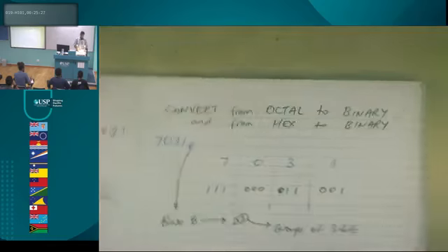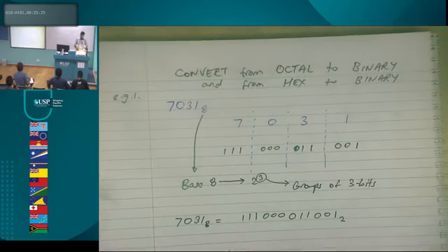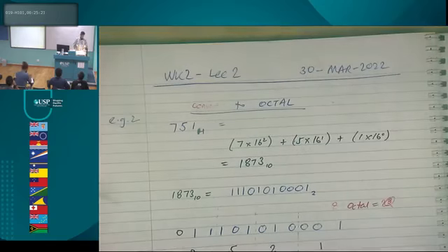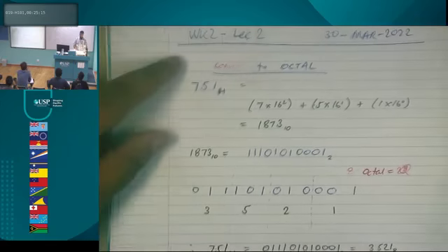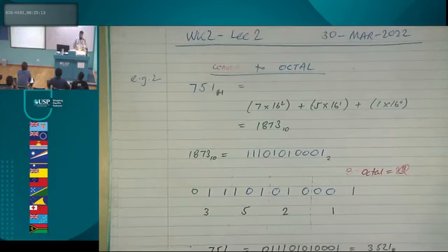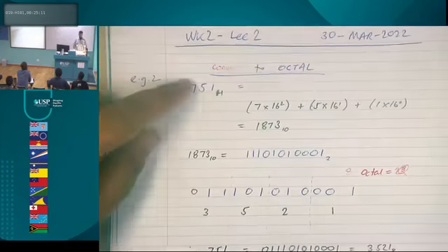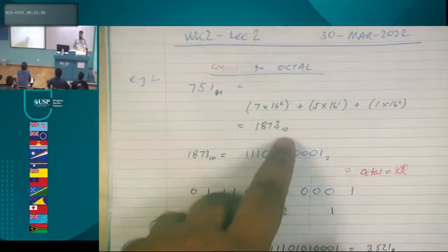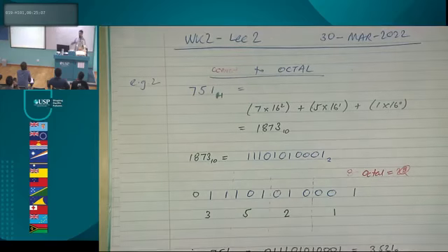The way we did it earlier on, if you look at this example, we went from 751 and then we eventually found 3521. But we had to go via decimal, so we went from octal to decimal, from decimal to binary, from binary to hex. Okay, so I'll show you now a faster way of doing this 751 problem.